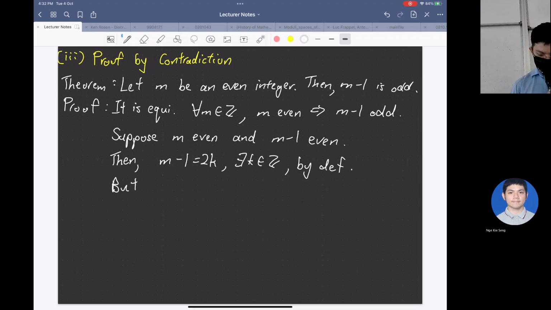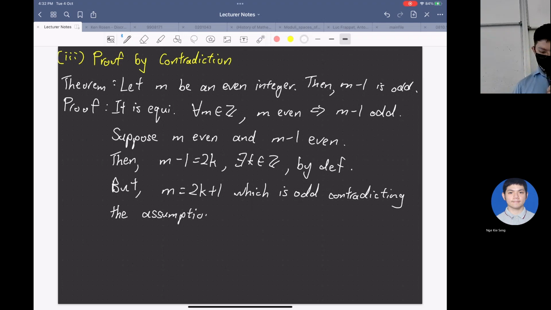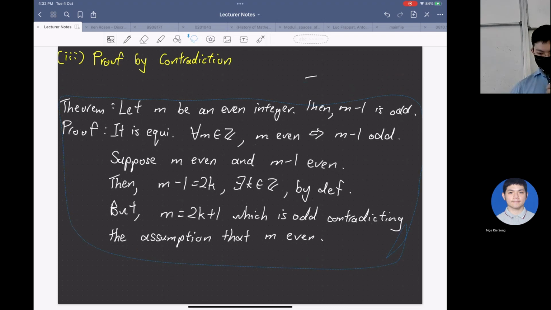But m equals 2k plus 1, which is contradicting the assumption that m is even. Okay, because I said that the axiom is what? The axiom is any integer is either even or odd, right?